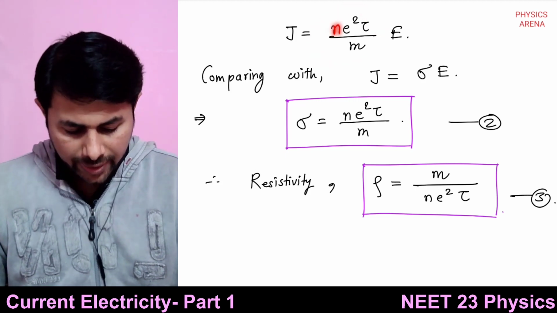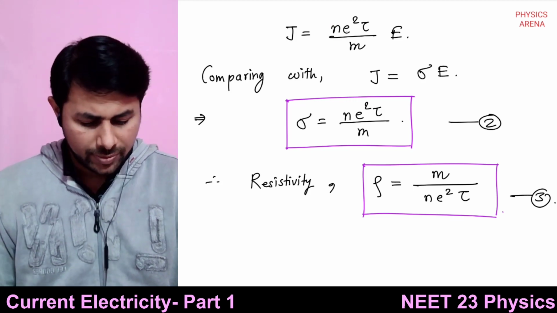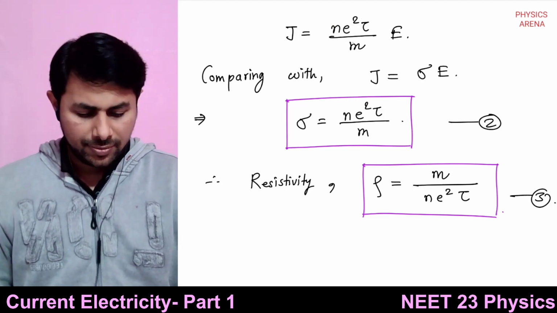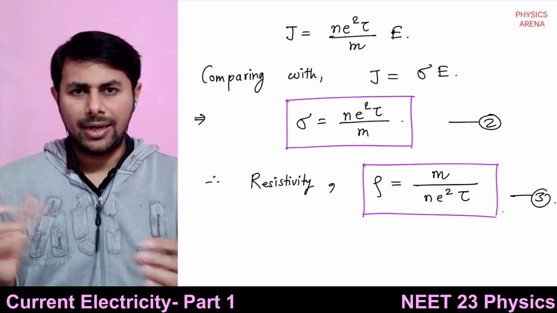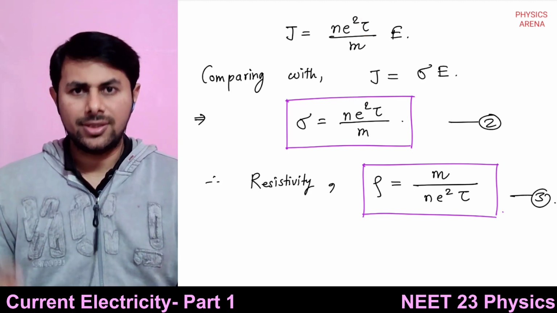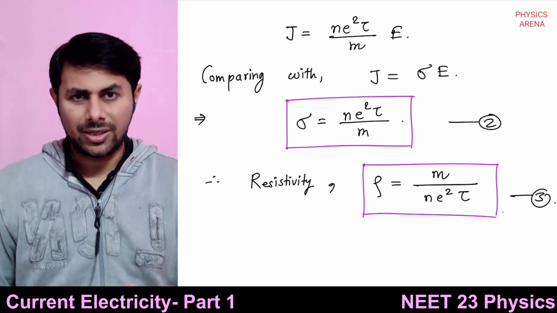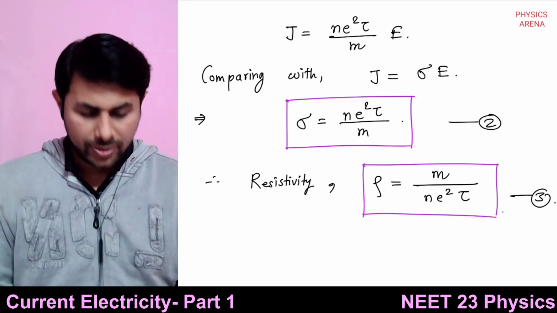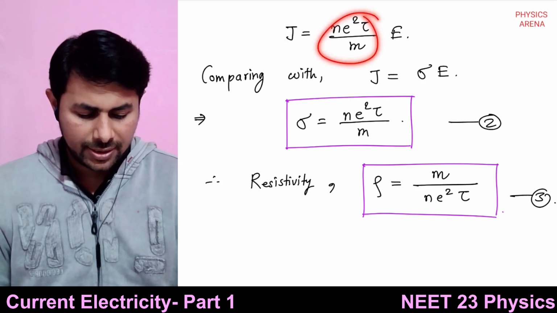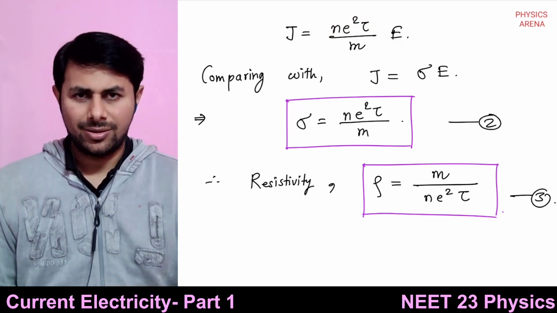See, n is a constant for a material, number of electrons per unit volume. e is a constant, mass of electron is a constant, and tau, the time between two successive collisions, this is average time. So it is also a constant for a material, right? So this is another form of Ohm's law. J is equal to what? Sigma times E. So we have derived that.